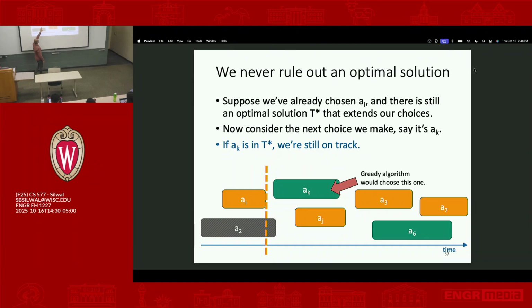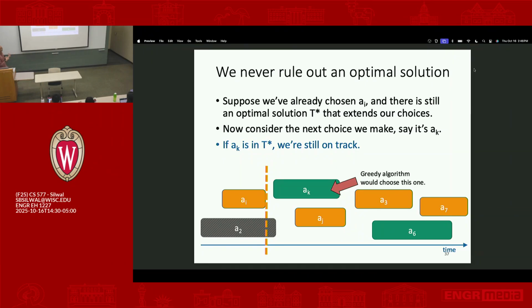So, I've already made this choice. This is part of some optimal schedule. And let's say the optimal schedule from now on looks like this, okay? You pick this one, and this one. But greedy will end up picking this one, right? Because we're picking by the earliest finish time. So that's a problem, right?